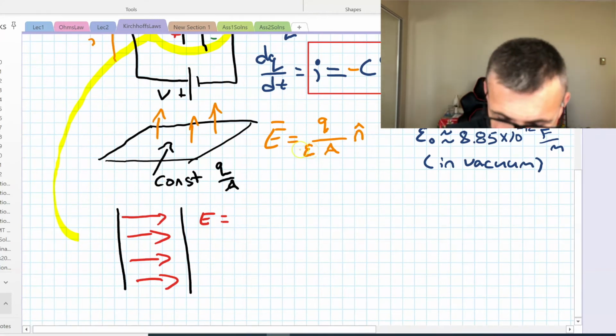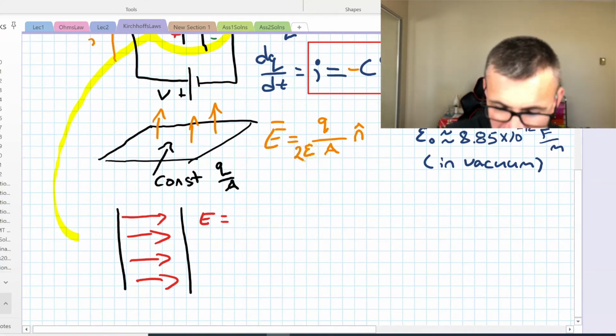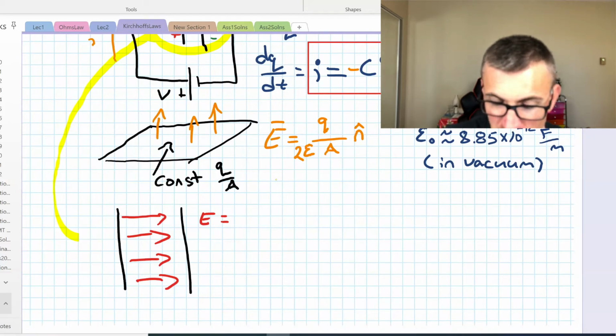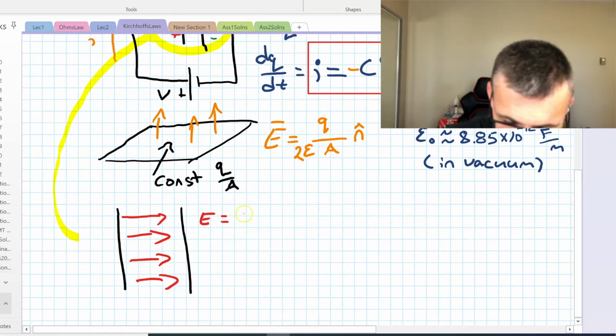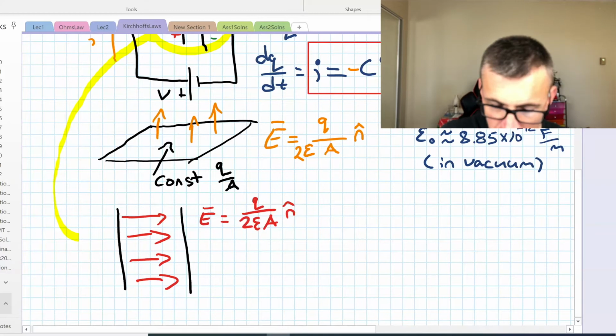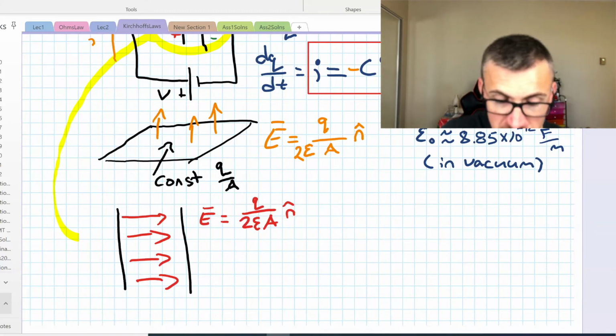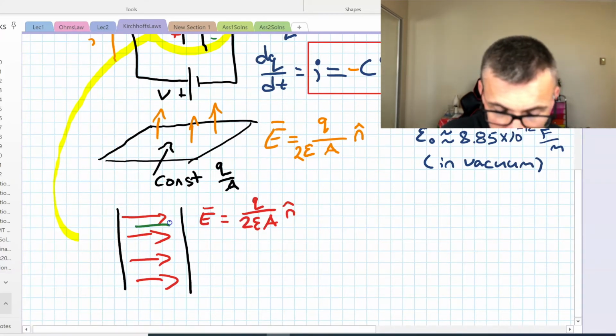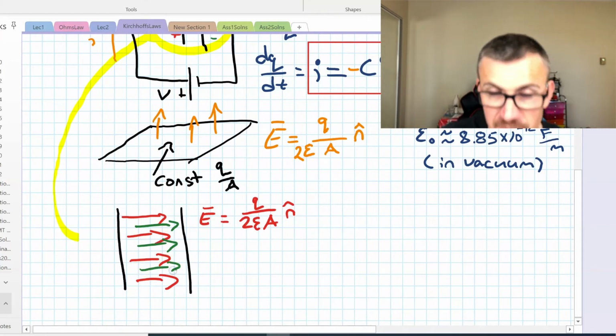Let's just go back. The field given by this parallel plate is Q over 2 epsilon A. I apologize for that. So it's going to be 1/2 Q due to the positive charges. The negative charges on the other side will also lead to the same field.